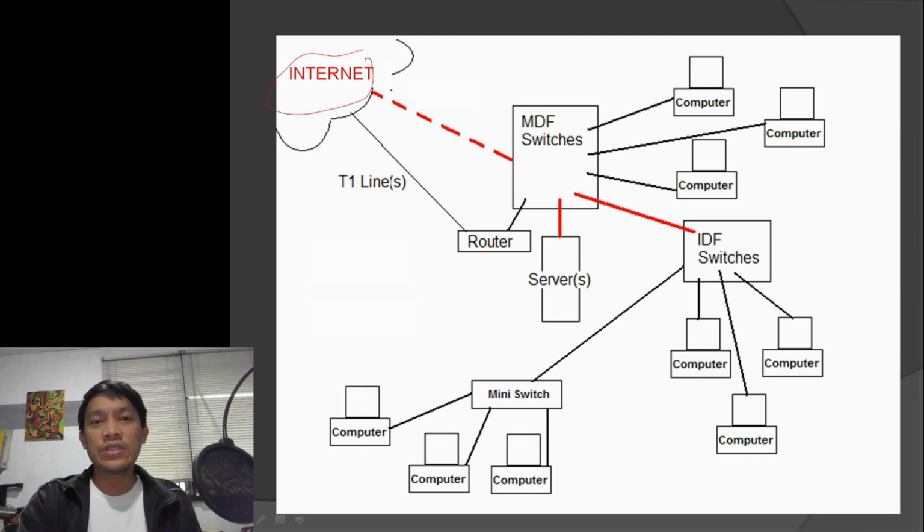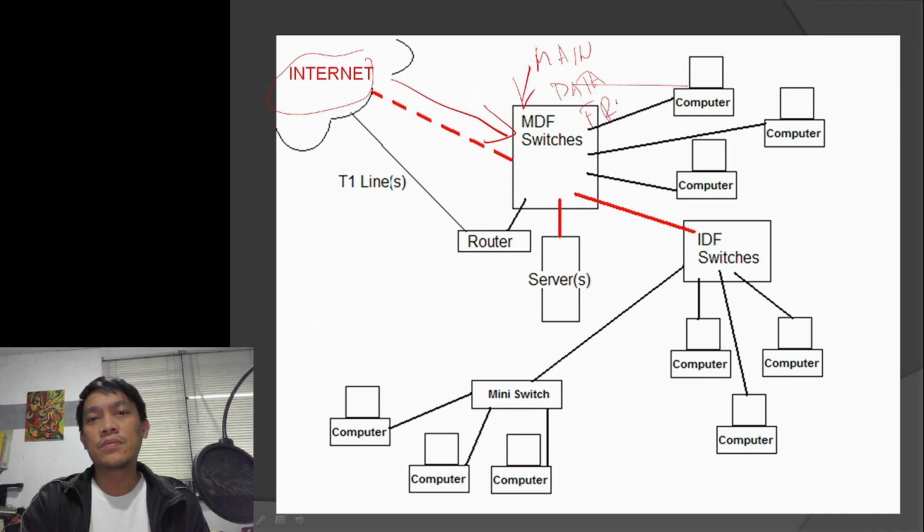So basically, this is connected to your MDF. So ang MDF ay tinatawag nating main data frame. Okay, so main data frame is your main distribution. So usually ito yung mga data centers.